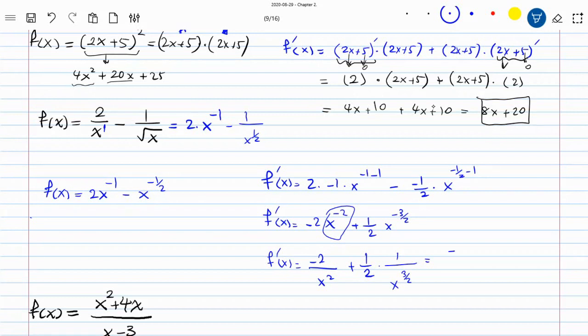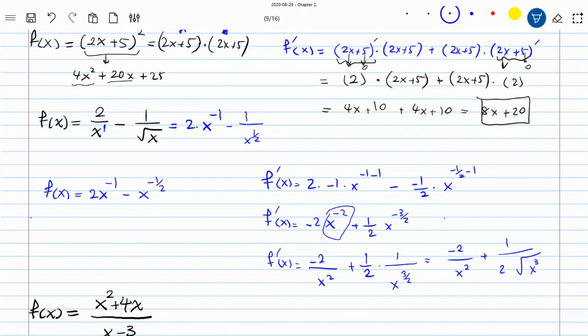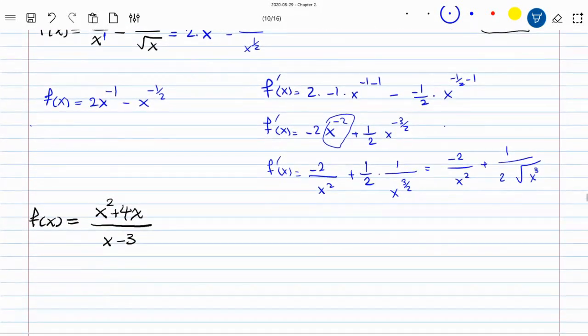Which is the same as saying negative 2 divided by x squared plus 1 over 2 times x to the 3/2, which is x cubed square root. So this is basically the derivative of the function f. It is kind of too much at this point, but if you try more examples, it becomes easier and easier.